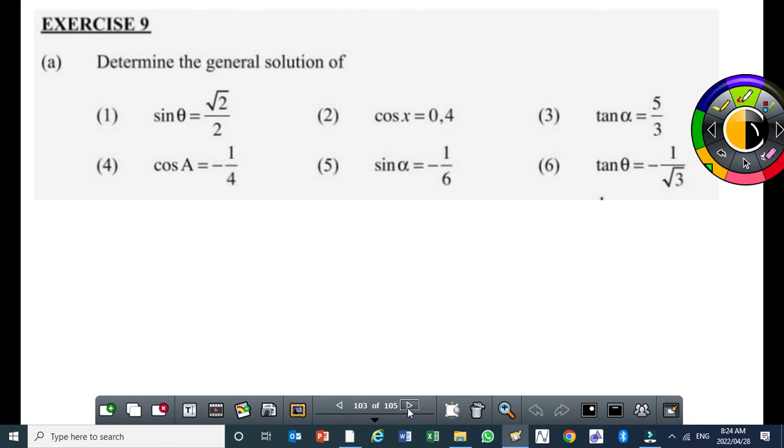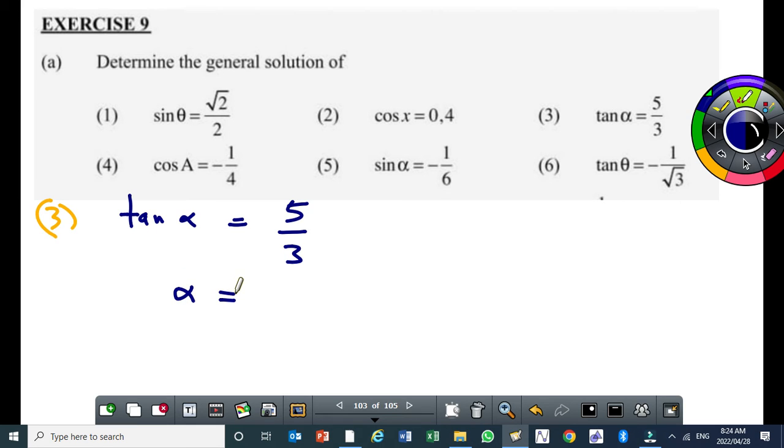Okay, let's do one for tan, number 3. So tan alpha is equal to 5 over 3. Since this is tan, we only have one general solution, but we no longer add k times 360.